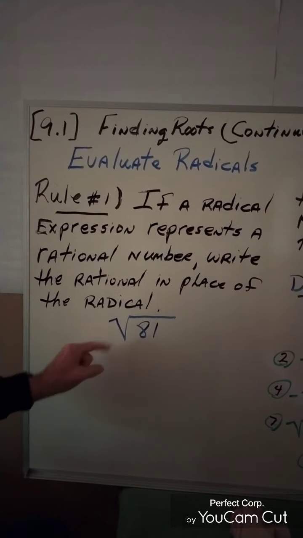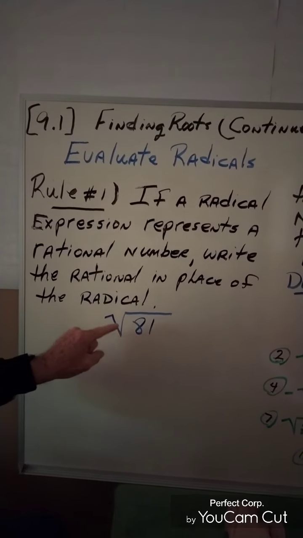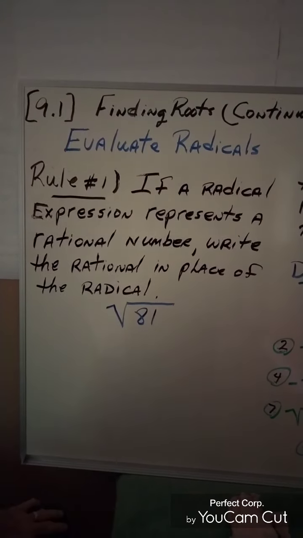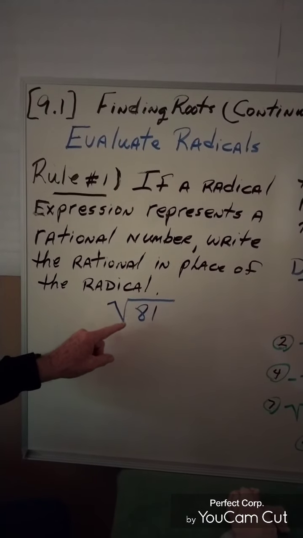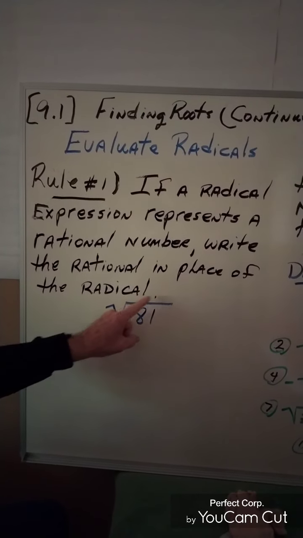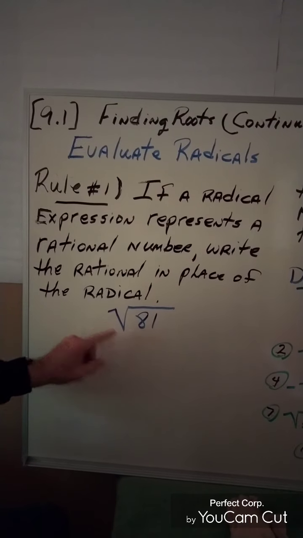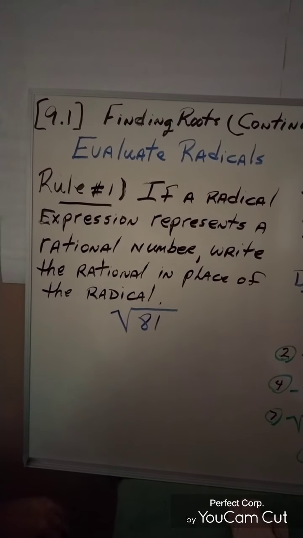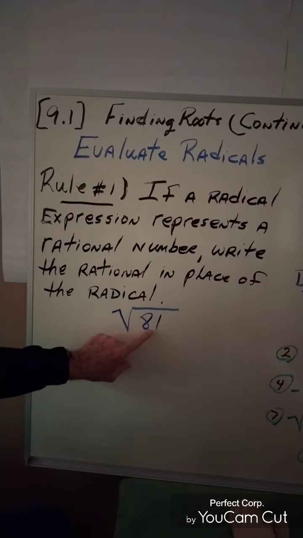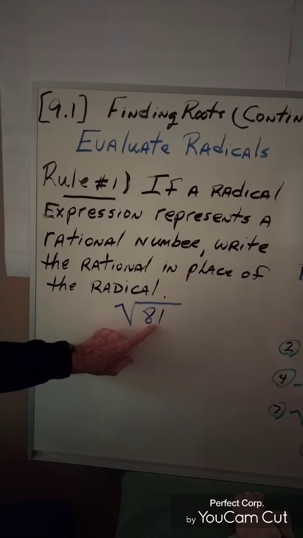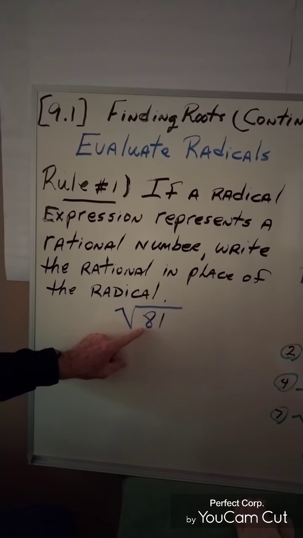Now let me headline this rule again. If the radical expression represents a rational number, well, from what we've already talked about, we know that this radical expression represents a rational number because the radicand of 81 is a perfect square.